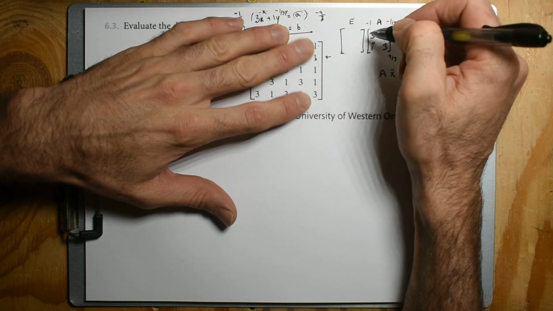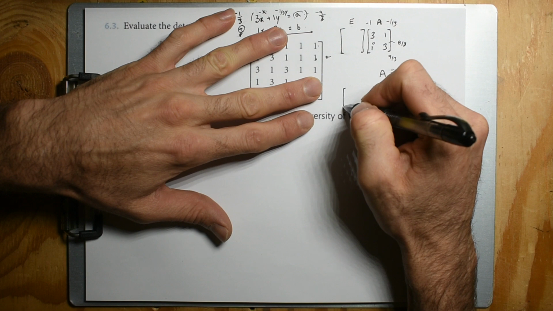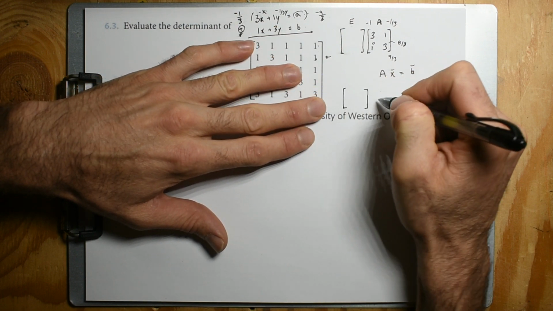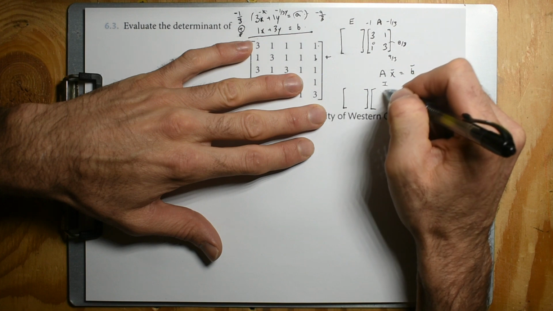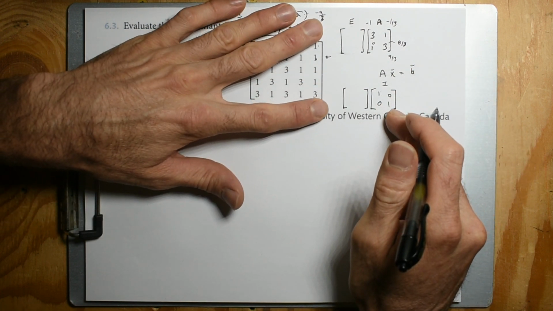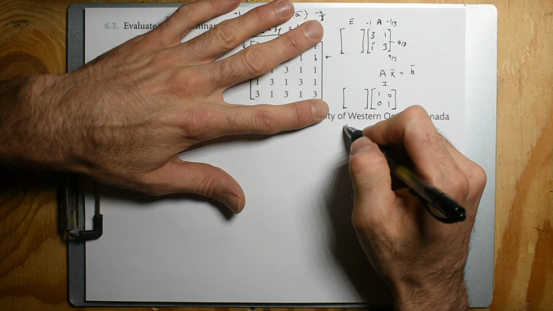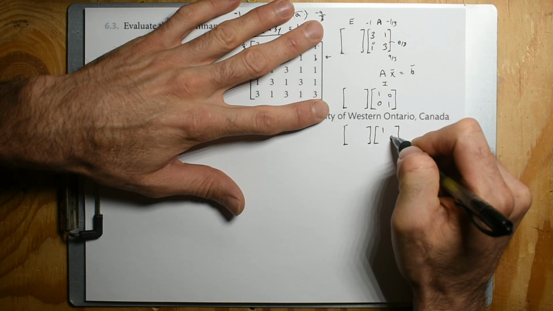Let me go over both of those. I think that will be a good thing to do. So I'm going to start with the identity matrix, and I want to change the identity matrix. The two elementary row operations that we're going to be using, even though there's 3 of them.